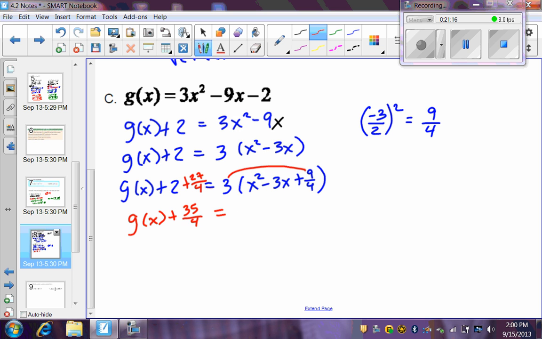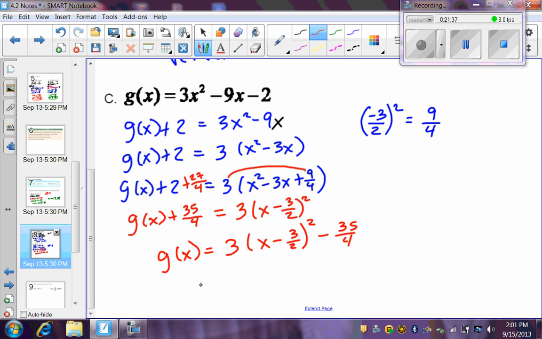This factors to 3 times x minus 3/2 squared. And then move that number back to the other side. So we have G of x equals 3 parentheses x minus 3/2 close parentheses squared minus 35 over 4. And our vertex is at 3/2, negative 35 over 4.